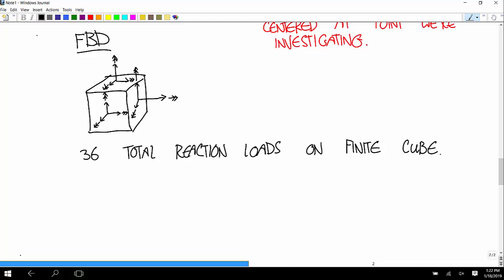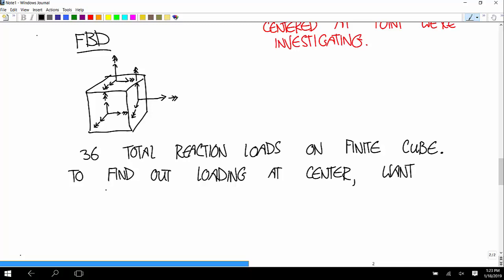To find out the loading at the point, which is at the center of that cube, we want to shrink the cube toward an infinitesimal size.